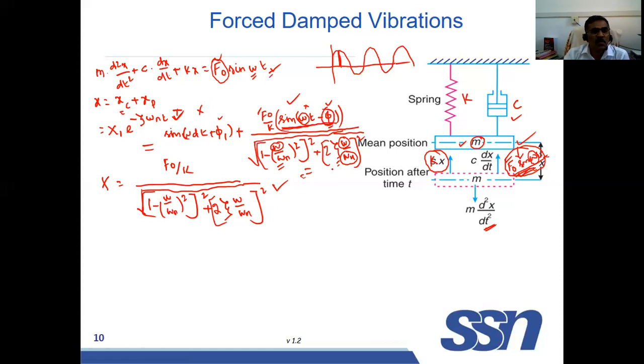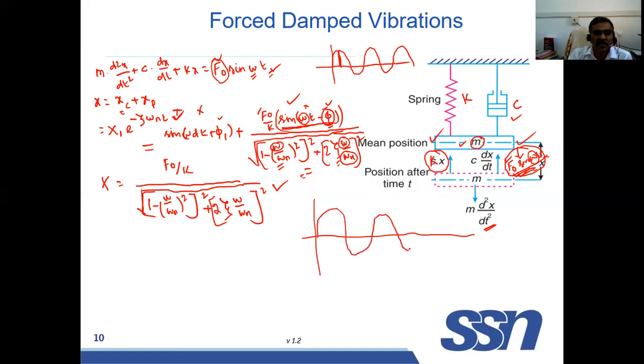What is phase angle? Phase angle means here there are two forcing functions, so we have two frequencies. One is we apply a force, and it will have a frequency and a cycle. If you draw that, it will be like this. This is the forcing function.